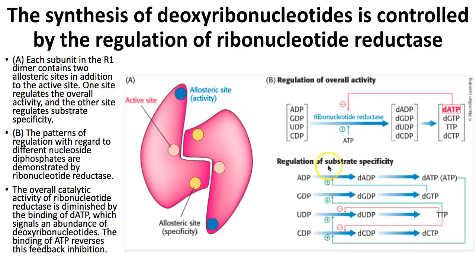For the regulation of substrate specificity, if you recall from the last lecture, UDP will eventually make TTP, and also remembering the enzyme converting CDP into UDP, that's having TTP still as the final product.